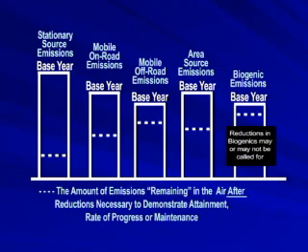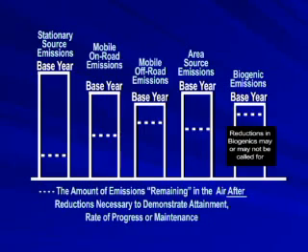That reduces emissions. But if you take a look at this diagram, what you have after you demonstrate either in an attainment demonstration or a maintenance plan or a rate of progress plan, each of these levels in these bars below the dotted line is the amount of emissions that are allowed to stay in the air after you have produced the attainment demonstration, the rate of progress plan, or the maintenance plan.